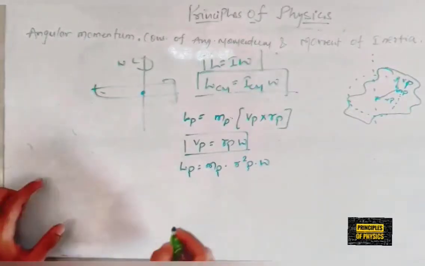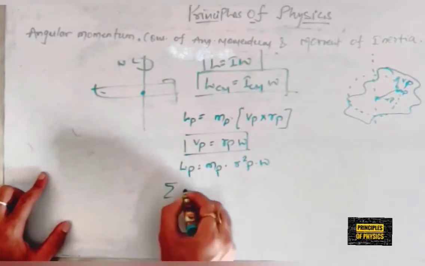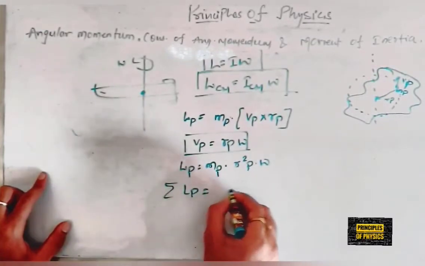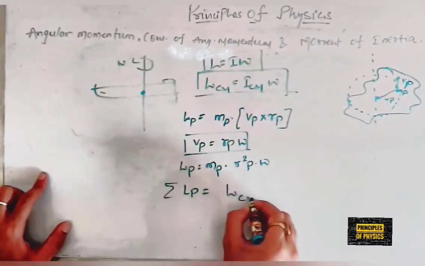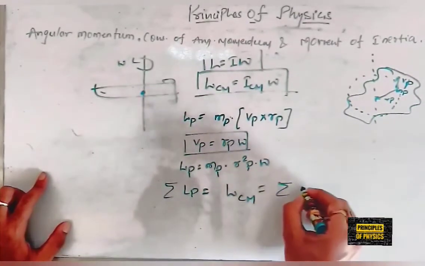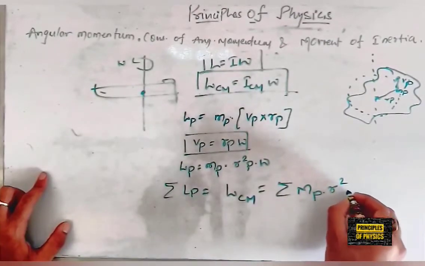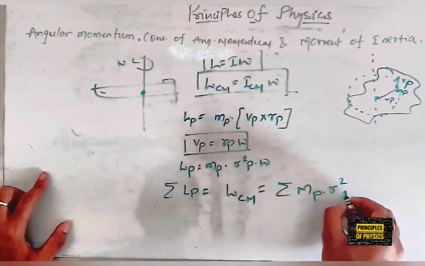Now the summation of Lp gives LCM, and is equal to the summation of mp rp square omega.